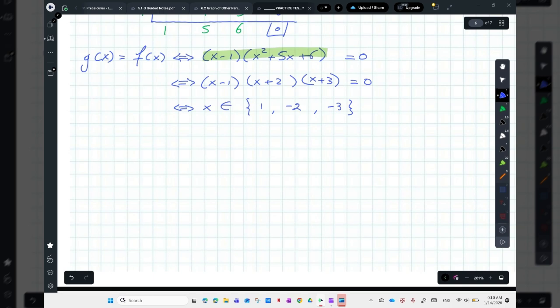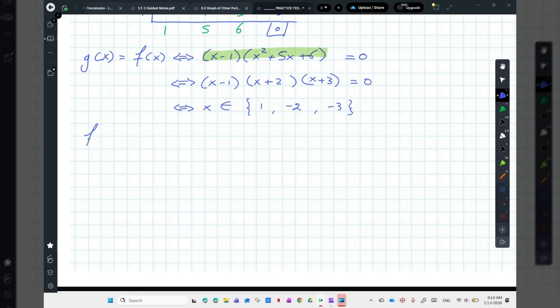Now, it's asking the intersects. These are points, so I need to get the y coordinates. So I could use g of x or f of x, but I'm going to use f of x because it's just a linear polynomial, right, of the first degree, 4x minus 4. So in that case, that's my next step.